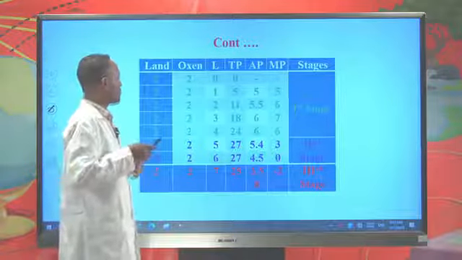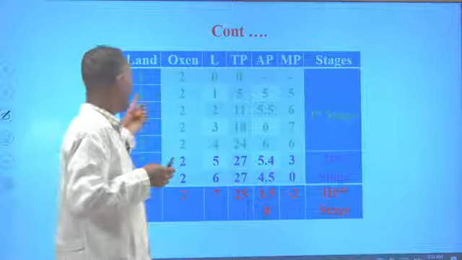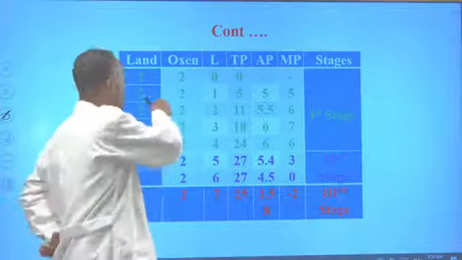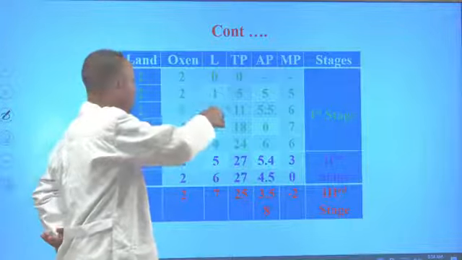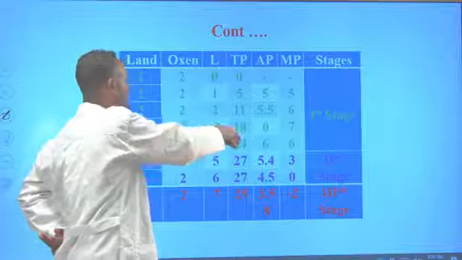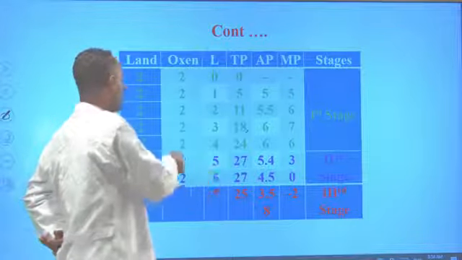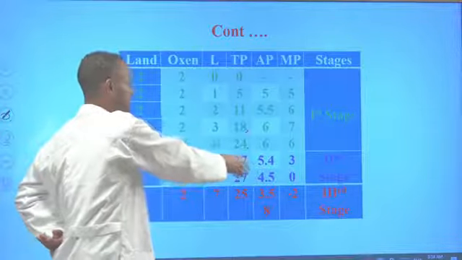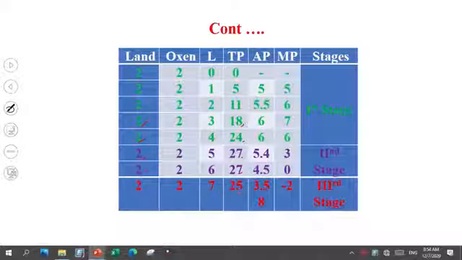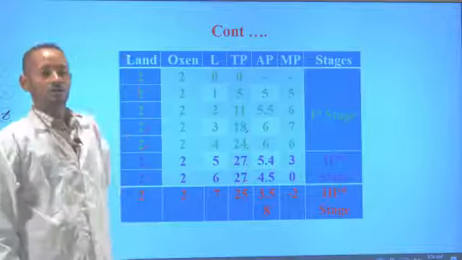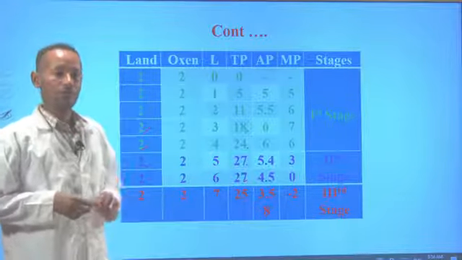The total product with 0 labor is 0, then 5 quintals, then 11 quintals, 18 quintals, 24 quintals, 27 quintals, 27 quintals, and 25 quintals, all from the same 2 hectares of land.